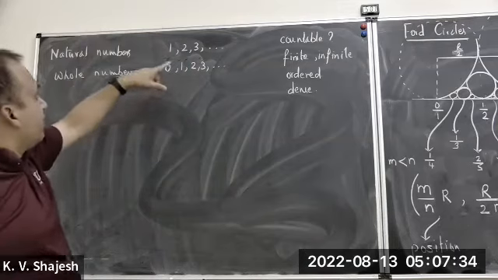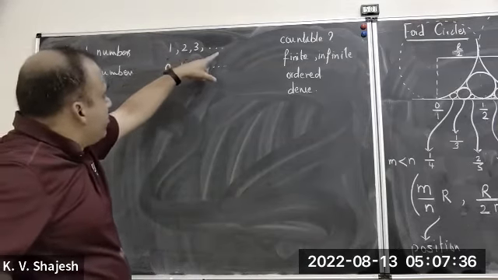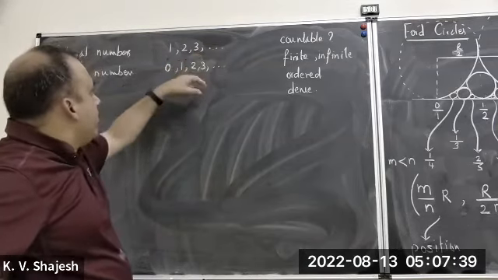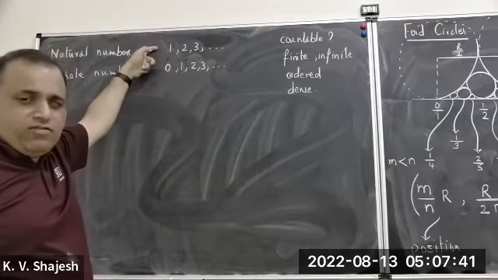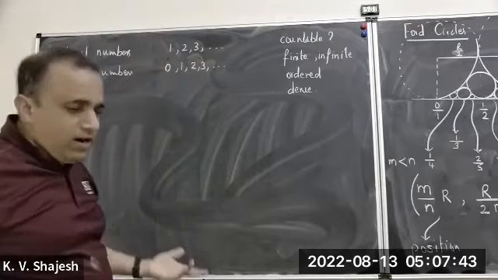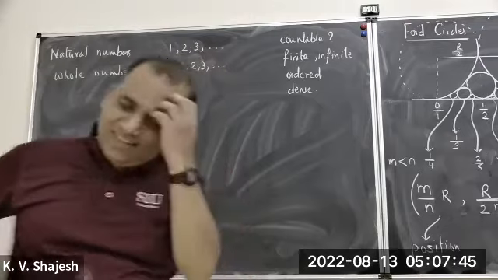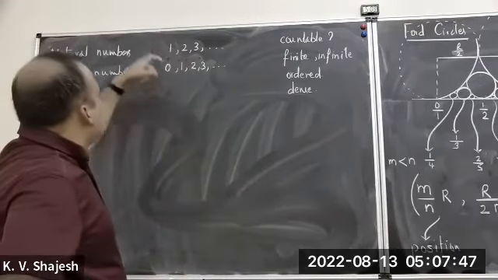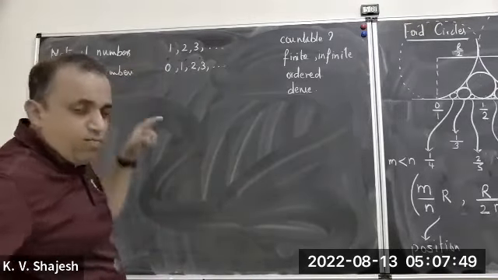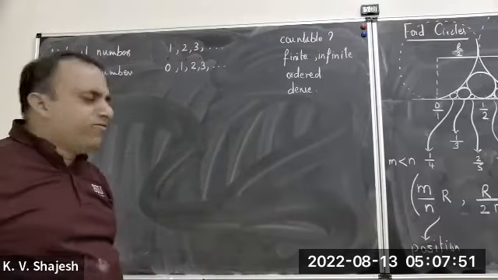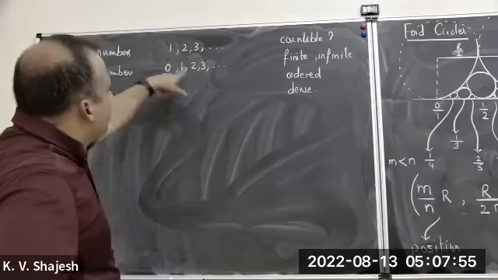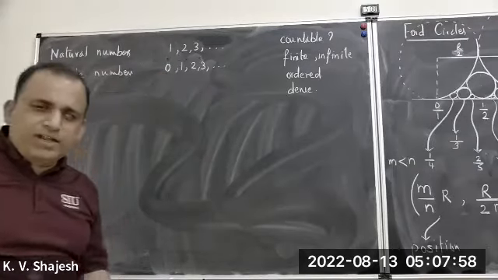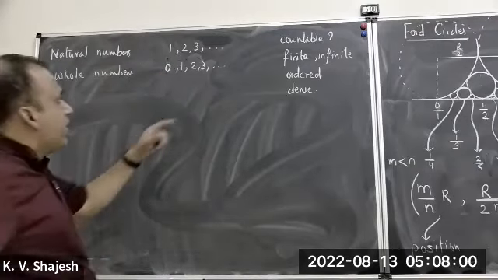A basic question you can ask is, of the two sets I have listed, which one has more numbers? That's a very odd sentence. Which set has more numbers? Naively, you would think that there is an extra zero here, so this should have more numbers, but that's not the way to look at it. We have to count, right?